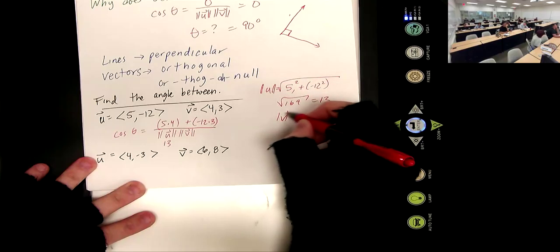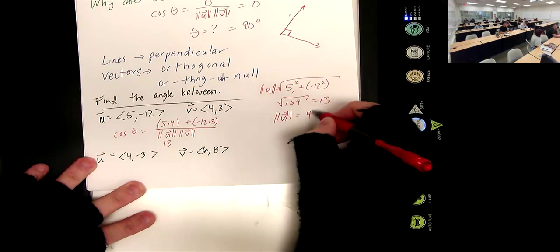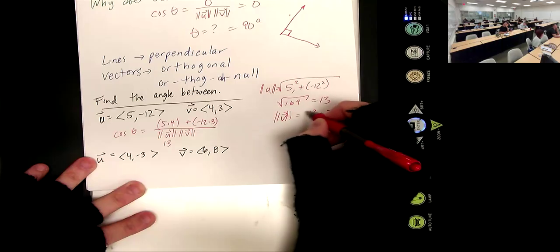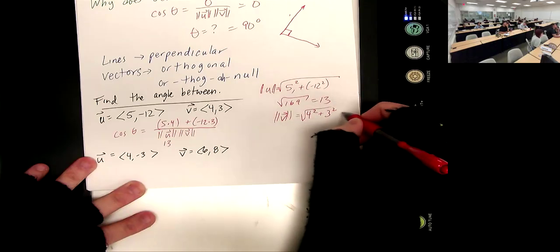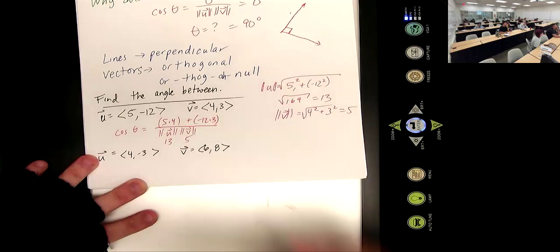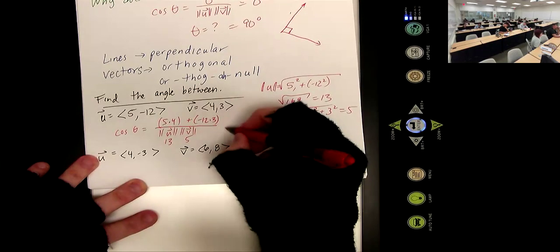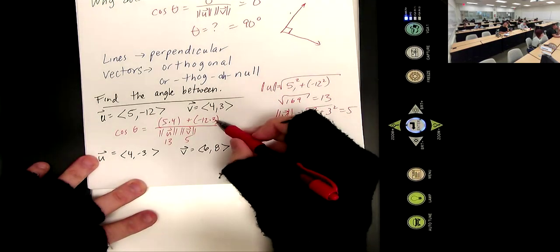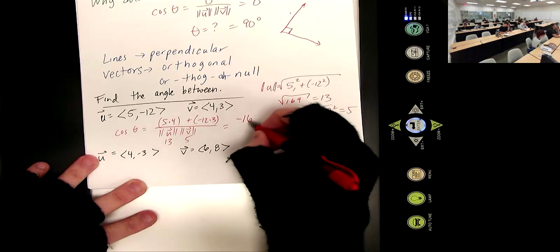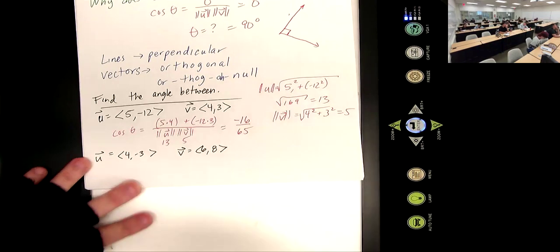The V magnitude: 4 squared plus 3 squared, square root of 25 is 5. So I've got 20 minus 36, I've got -16 over 65.